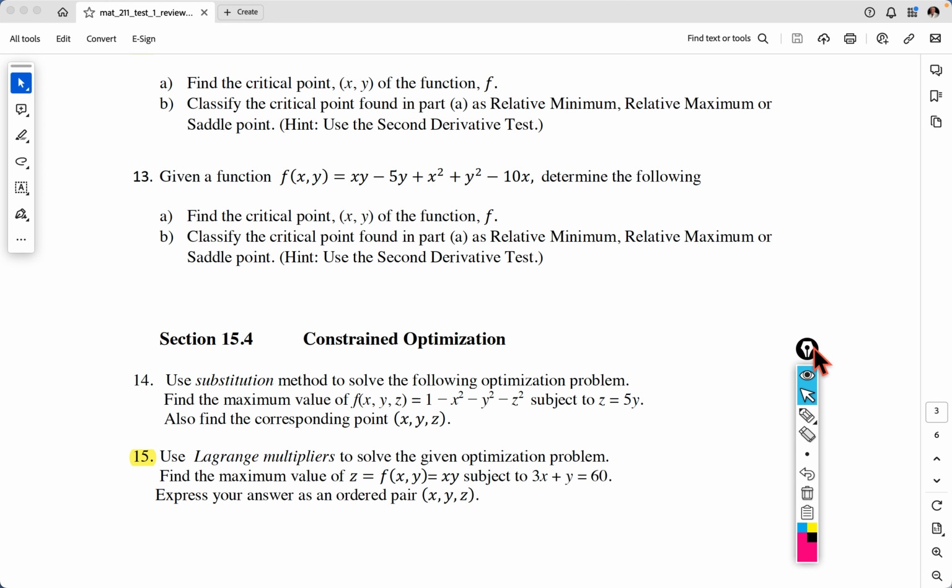They were nice enough to give you a Lagrange multiplier problem where substitution would work. There are some where you have to use Lagrange multipliers because substitution doesn't work, but this one is sort of in the middle. Substitution will work, but you have to use Lagrange multipliers to get the points.